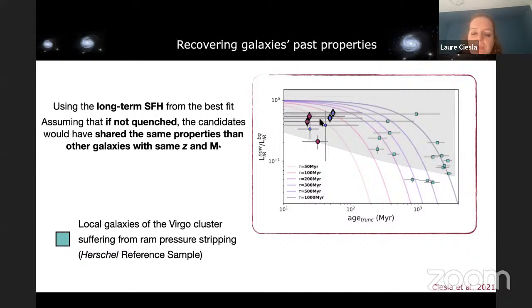You see that the mechanism responsible for the quenching of the COSMOS galaxies implies that the infrared luminosity decreases faster than the mechanisms responsible for the Herschel Reference Survey, the Virgo cluster galaxies. So this is how we wanted to recover the galactic past properties.